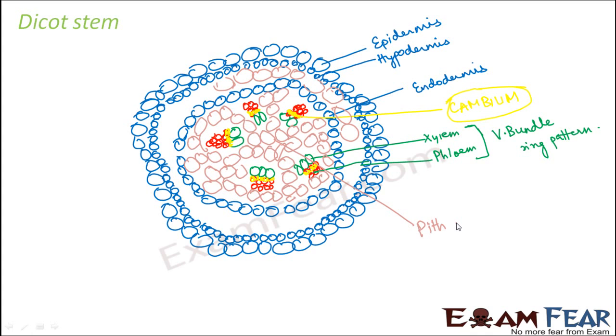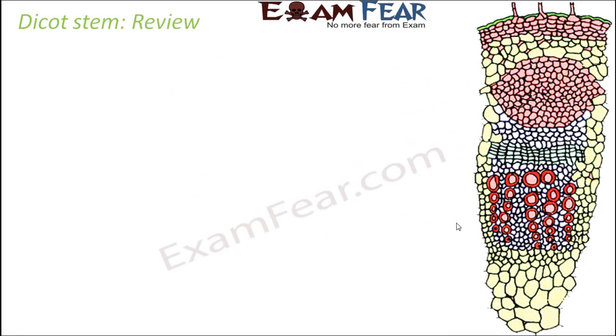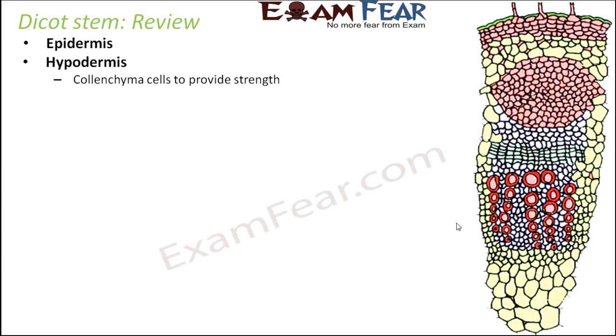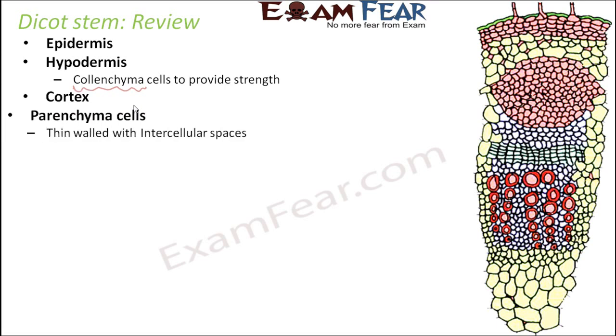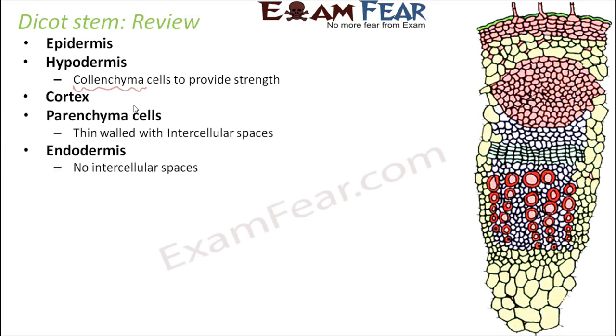Right? So this is the structure of the dicot stem. Let us have a quick review. This is how it looks, a side view of the same thing. It has epidermis followed by a hypodermis, which is made up of collenchyma cells to provide strength. In the monocot stem, the hypodermis was made up of sclerenchyma, but here it is made up of collenchyma. So the dicot stem will have some flexibility as well. Cortex is nothing but the parenchyma cells plus the endodermis.